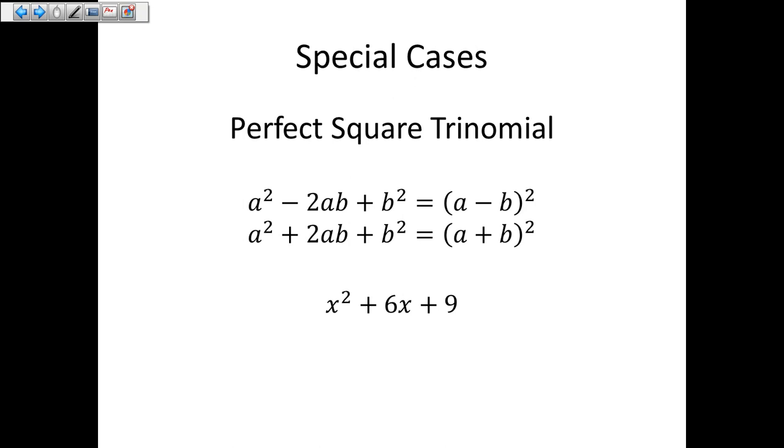Look at that last number. Is it a perfect square? Yeah, 9 is 3 squared. Look at the middle number. Is the middle number 2 times 3? Yes. So this is a perfect square trinomial. This is actually an example of the bottom one. So I can factor it to be x plus 3 squared.